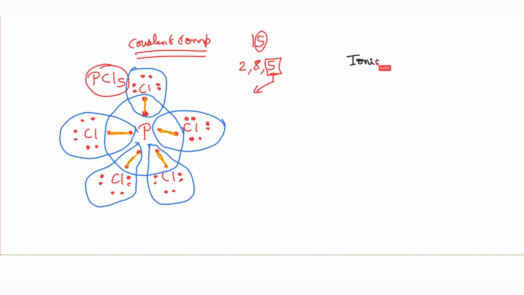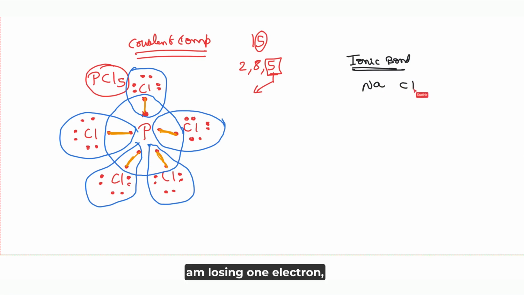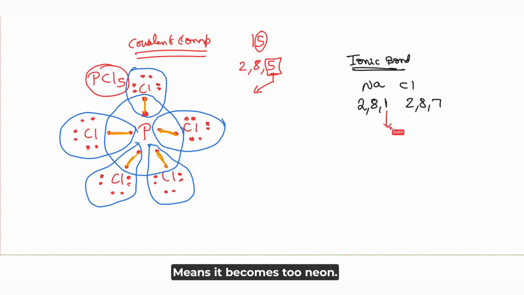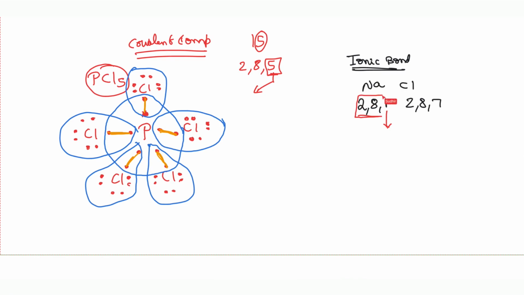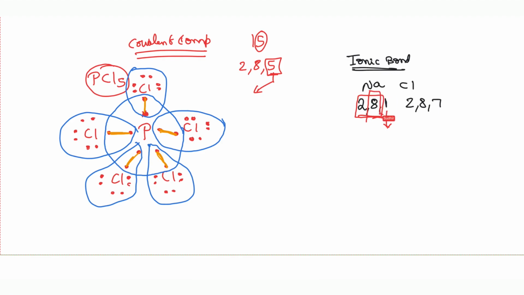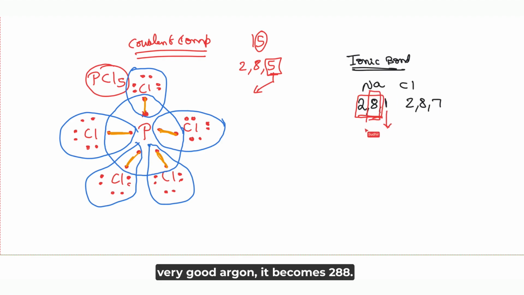Na is 2, 8, 1 and Cl is 2, 8, 7. If Na loses one electron, it becomes an octet and too stable, like neon, which is 2, 8. And if Cl gains one electron, it becomes like argon, 2, 8, 8.